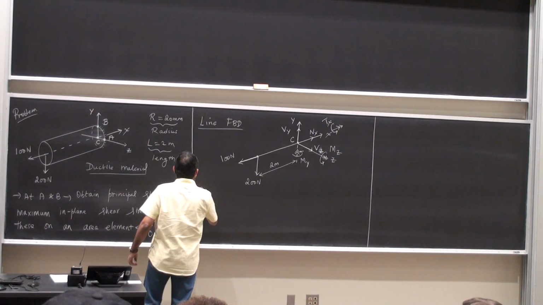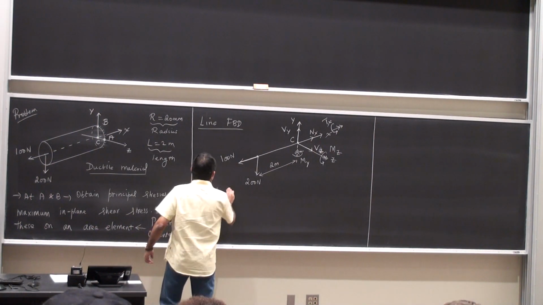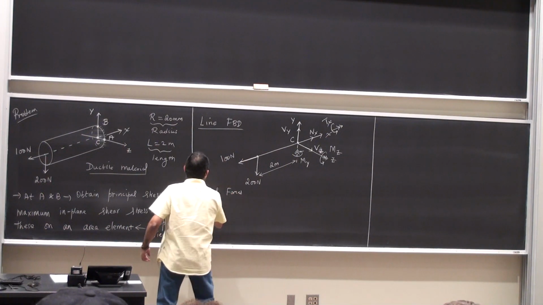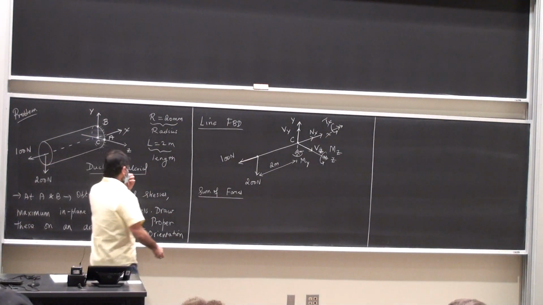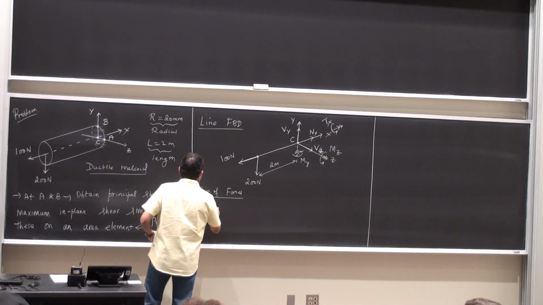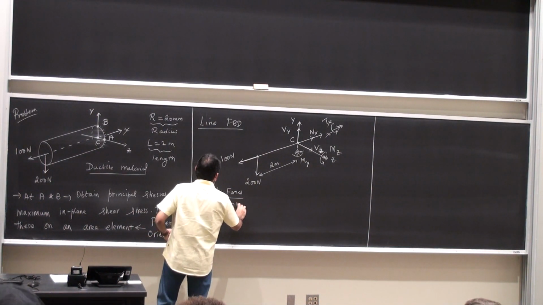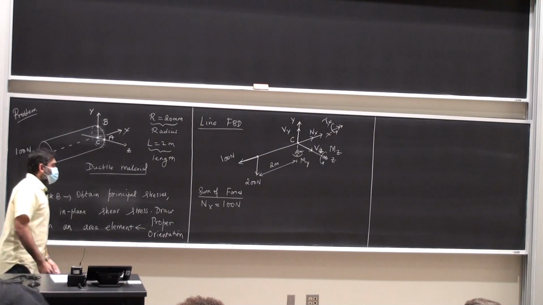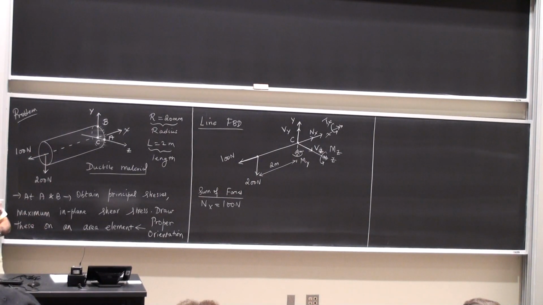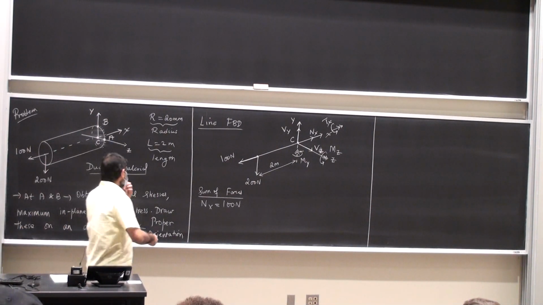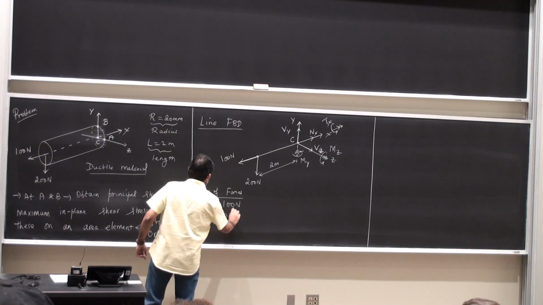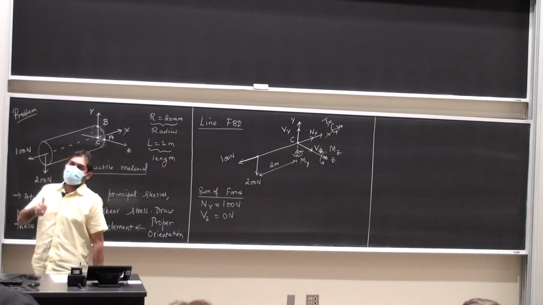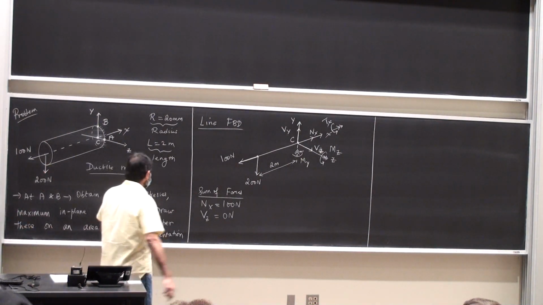A sum of forces: Nx is going to be equal to 100 newtons. There is no shear force along the z direction in terms of the applied forces, so Vz is 0. Vy is 200 newtons, pointing up.